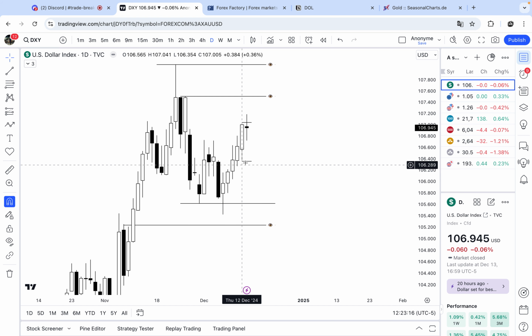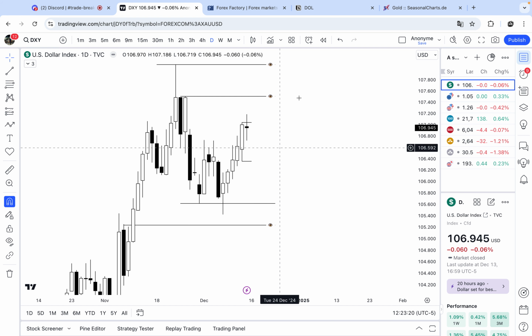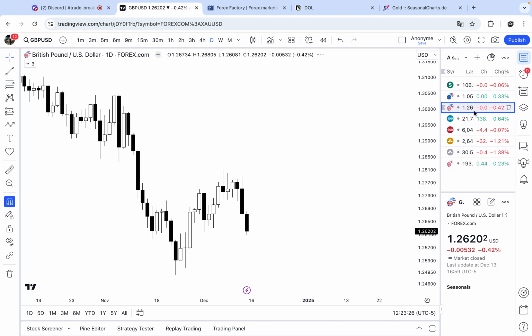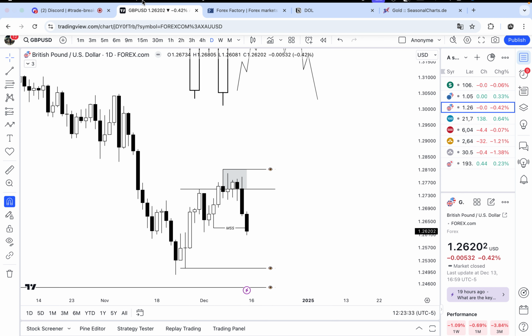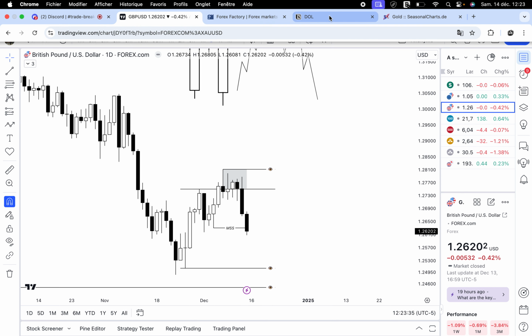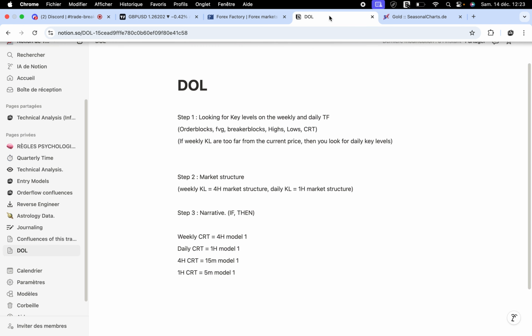Order block, CRT low, price goes here and then here. I will look for buys here. I will look for sells here. So this is it for the DXY.